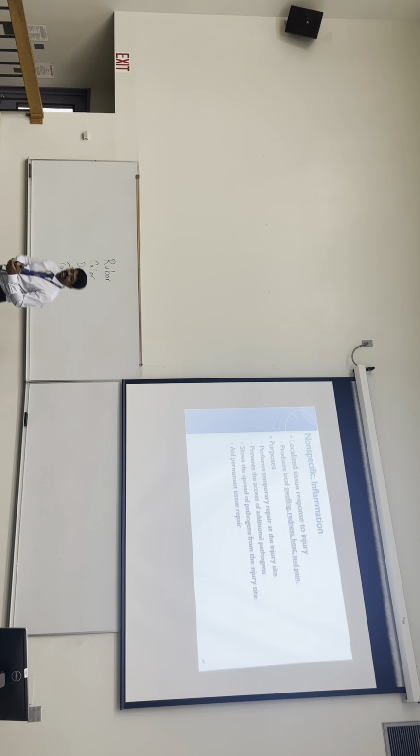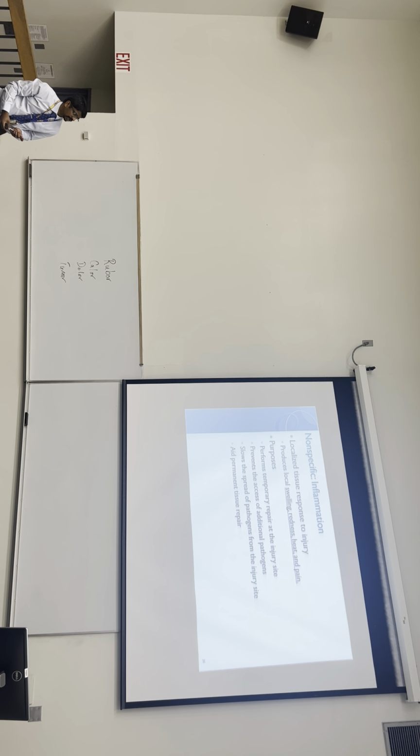So it's a temporary repair that slows down the spread as well as attracts the other immune cells to the skin. These are the cardinal signs of inflammation. Again, non-specific, it doesn't matter what bacteria it is, the same kind of principle.